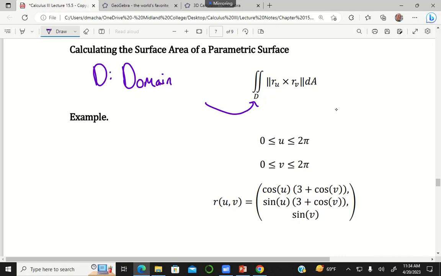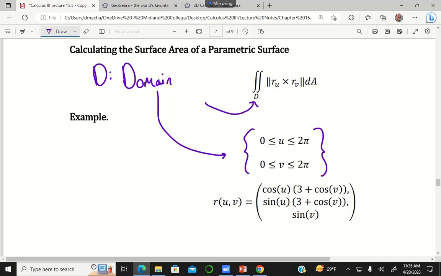And so we're saying that this is my domain. Your domain is in terms of your u and your v parameters. So you got this little two-dimensional domain, so we've got a double integral. Your integrand is the norm of the normal vector.